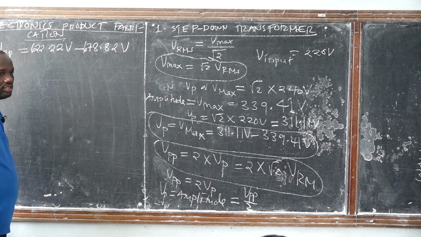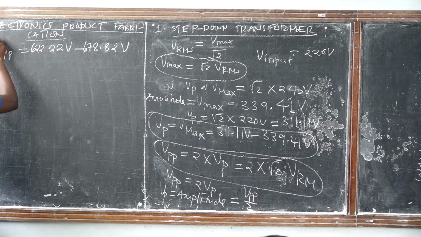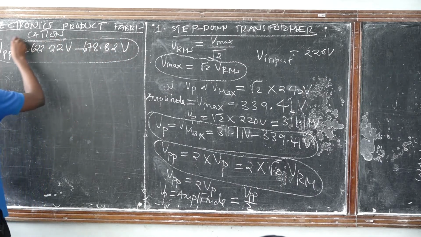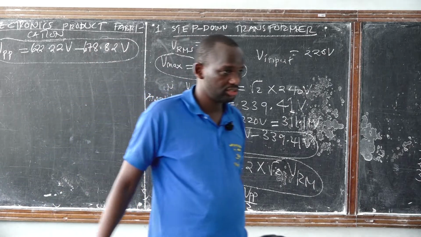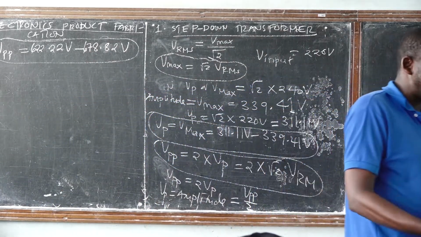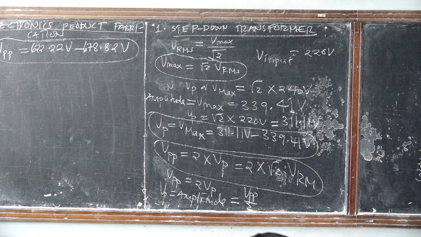Voltage. So this actually gives you a clear understanding of these concepts, regardless and without any limitation. So whenever you've been given V maximum, or root mean square voltage, or V peak to peak, you can deal with it, so you can find what you've been asked to find.